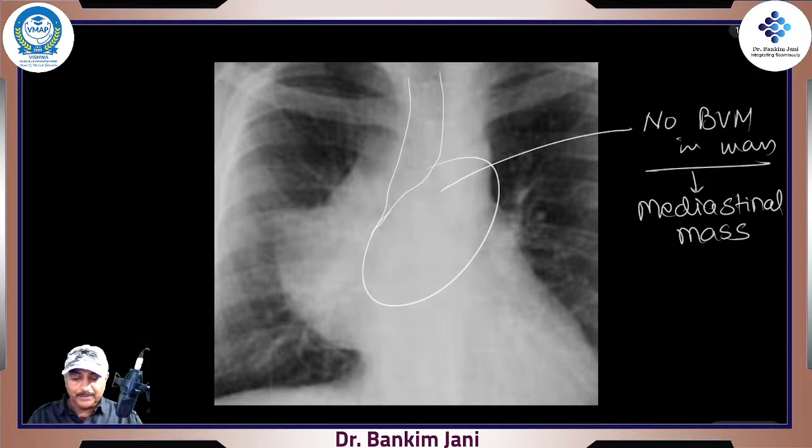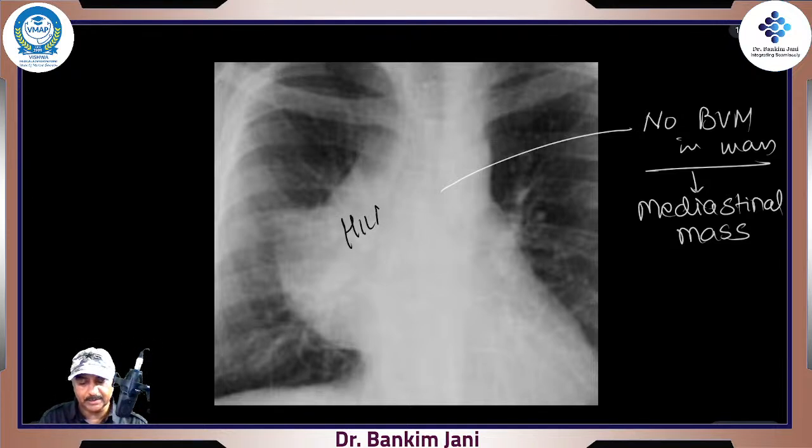So in the hilum overlay sign, you are watching a mass which has shifted the trachea and the mediastinum. Another thing is, this mass is big and extends into the region of hilum. This is the hilar region, and the mass is involving this area.